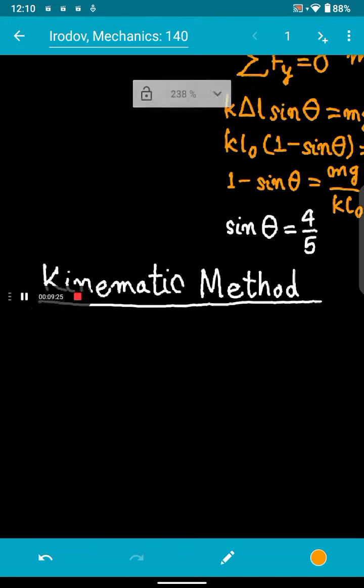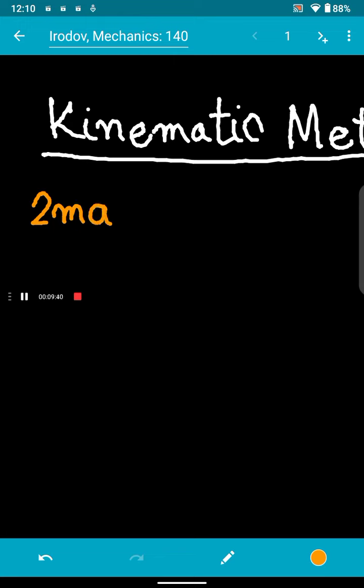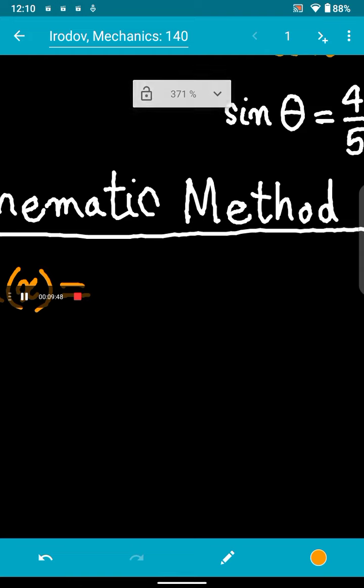So let A be the net acceleration of the system. So we may write that total mass, which is 2m, multiplied by A, let's write this as a function of x. So this will be mg for the lower block.